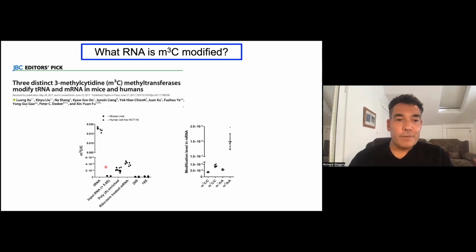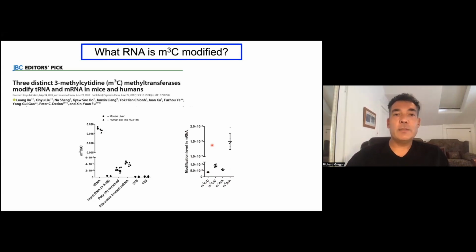And then if you see that this is 10 to the minus 5, the relative amount of M3C in the mRNA is hugely less than what's detected in tRNA. And even if you look at the isolated mRNA itself, you can appreciate, as I mentioned, M6A is the most prevalent mark within mRNAs. And M3C, if present, is perhaps at least 1,000-fold less abundant than M6A.